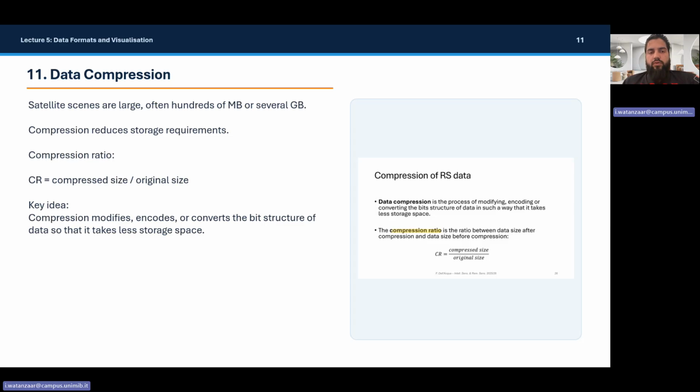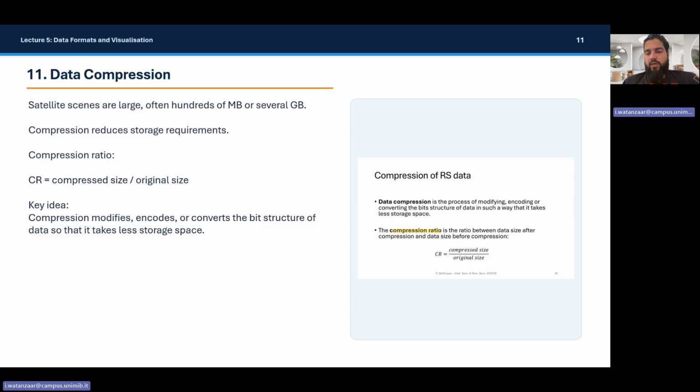Compression ratio is equal to the compressed size divided by the original size. So what is the compressed size? If you divide it by the original size, we get the compression ratio. The key idea is that compression modifies, encodes or converts the bit structure of the data so that it takes less storage space. We discussed bit depth, which is 2 to the power n.